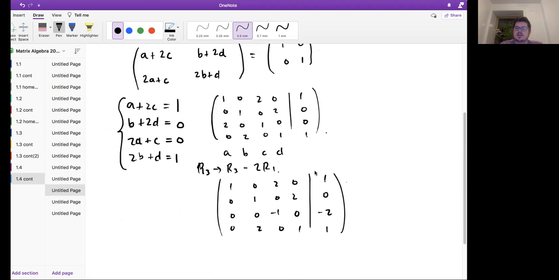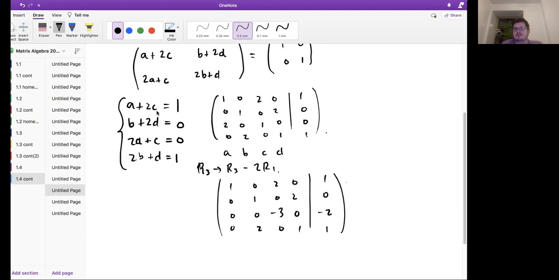Which one is negative 3? Oh, 2 row 1, yeah. Yes, I agree. Do you see why it's 4x4? Even though I could have put a 0b and 0d, for example, right?